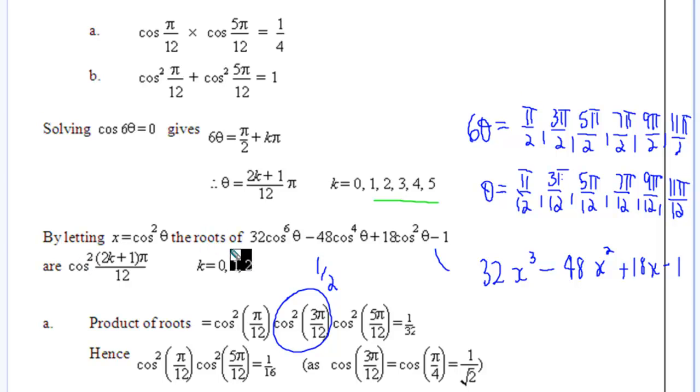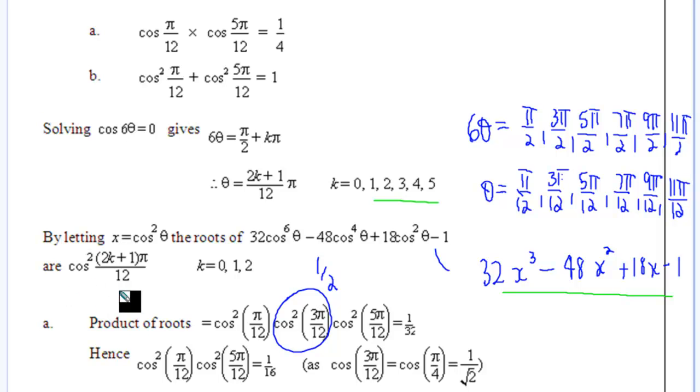So if we look at the other side of the equation, 32 cos theta to the power of 6, and 48 cos theta to the power of 4, and so on. If we let x be equal to cos squared theta for that situation, basically we're going to come down to this: 32x cubed minus 48x squared plus 18x minus 1.